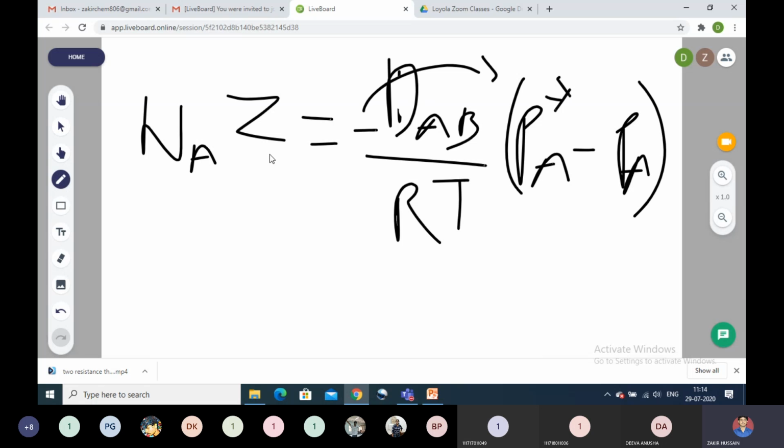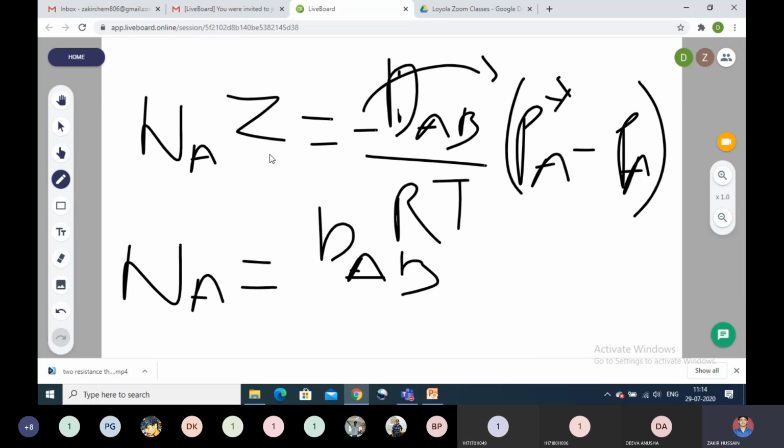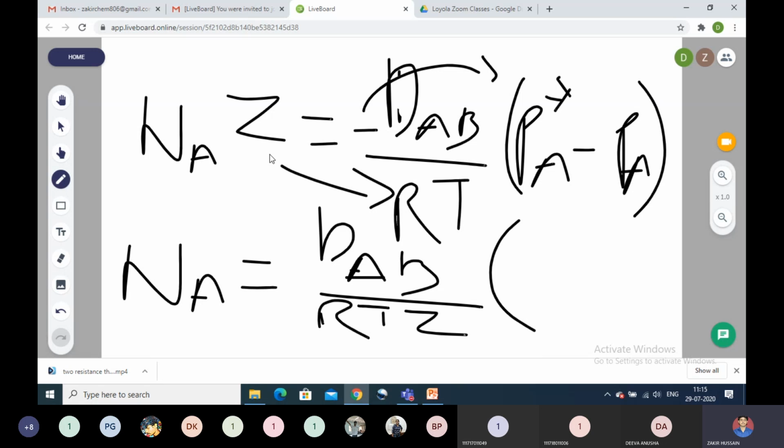So within the bracket, Na is equal to DAB by RTZ, with this Z also sent to the bottom. So we are interchanging the minus: PA minus PA star. In place of the minus, we are interchanging the variables, PA minus PA star.